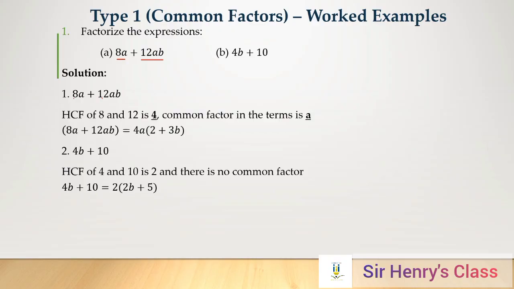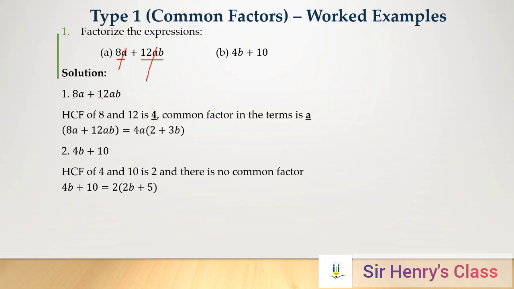So the highest common factor is any number that can divide 8 and 12 equally without a remainder. When you look at 4, 4 times 2 will give you 8. 4 times 3 will give you 12. So 4 is the highest common factor of 8 and 12. Aside that, there is a and another a. We'll say the a is the common factor. So we factorize both the 4 and the a out.